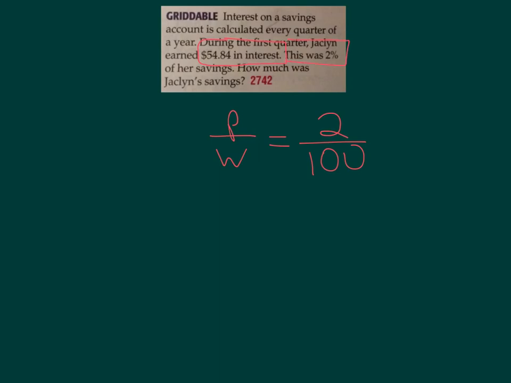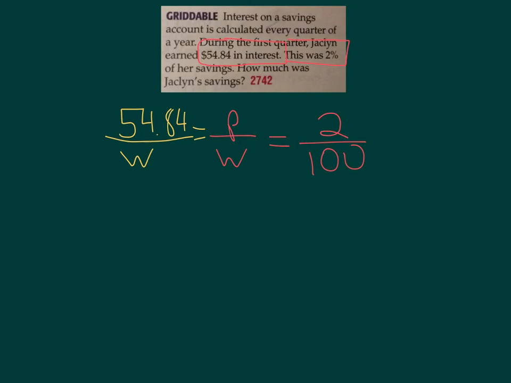So is that her whole savings? No, that's the part of her savings that's interest. So we know that the part is $54.84, and we're trying to find out what are her whole savings.